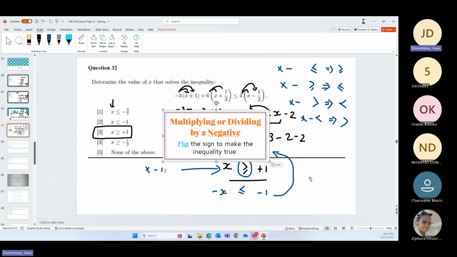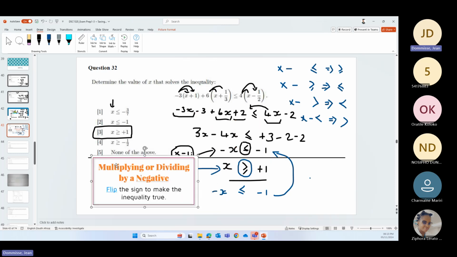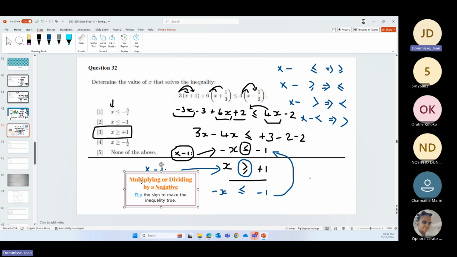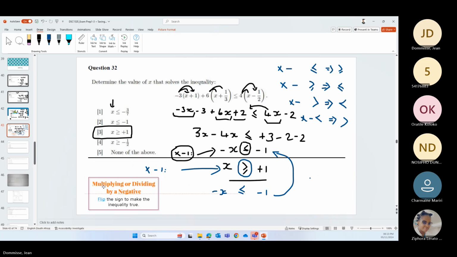Again, you don't need to know the rules word for word. This is just something that you can apply whenever there's an inequality that we're working with. Whenever there's an inequality and you multiply or divide by a negative, you swap it around.